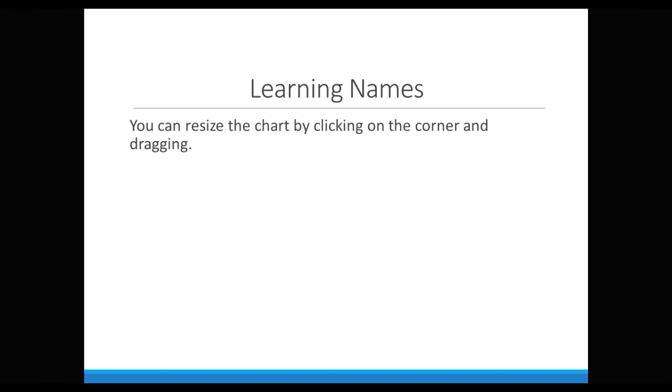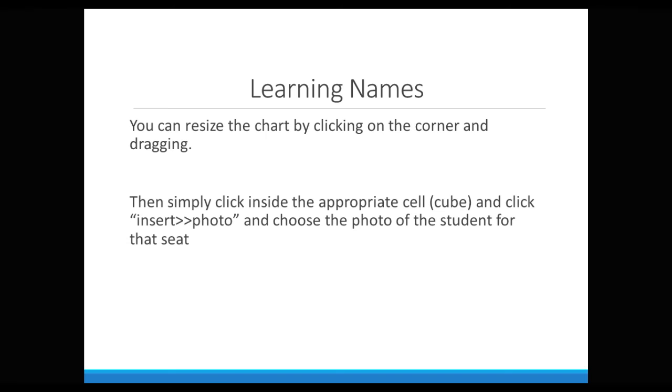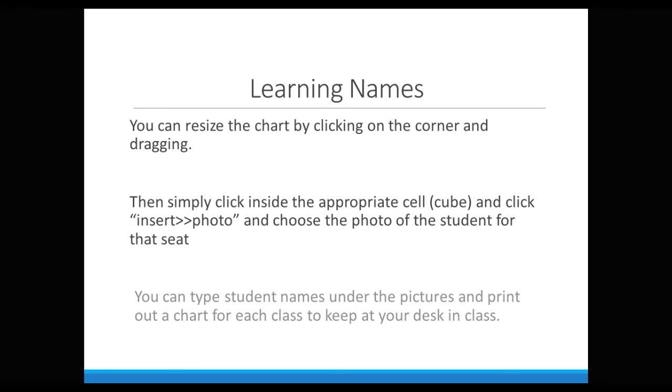You can resize the whole chart by clicking on the corner and dragging it, and then all you have to do is click on the appropriate cell, the little cube, and choose the photo from your computer that student is in that seat in your class in this little cube diagram. So you can type the names under the pictures, and so you have a good little chart, and you can look at them. Of course, they have to sit in the same place again, but it works very, very well.